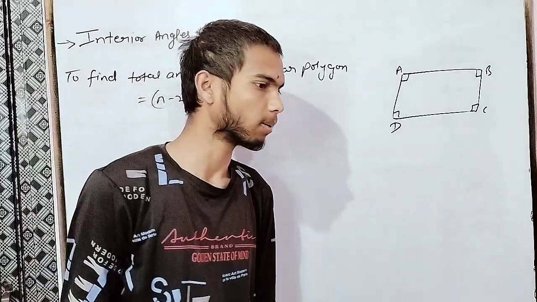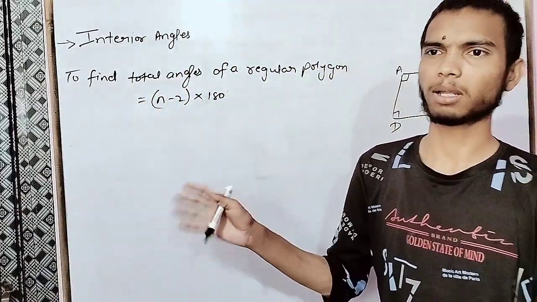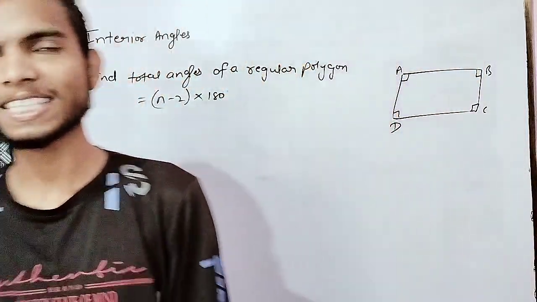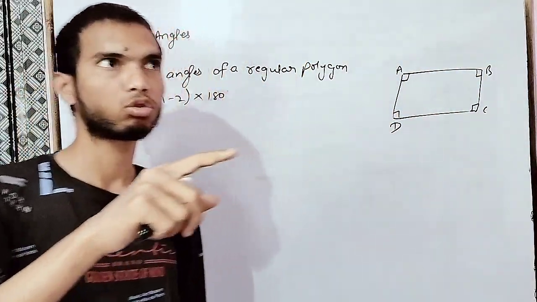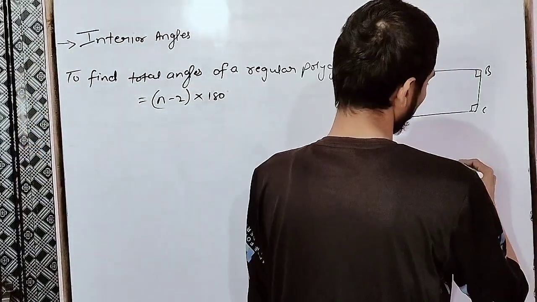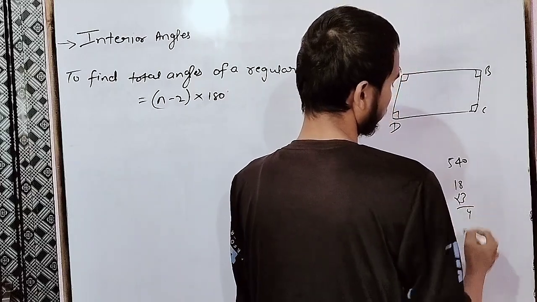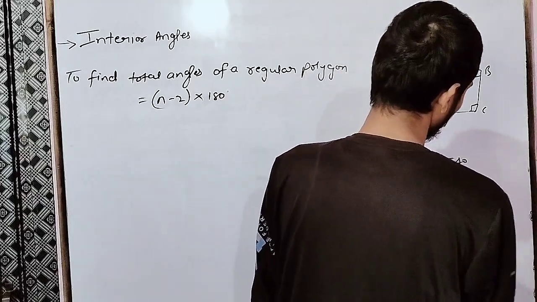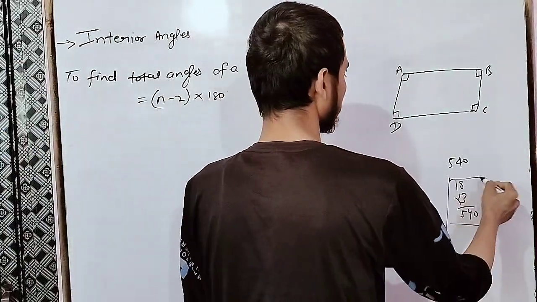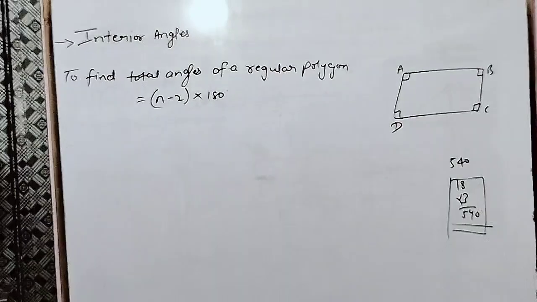Don't worry. A pentagon has 5 sides. 5 minus 2 is 3, multiplied by 180 degrees gives 540. This is the total value of interior angles of a pentagon.